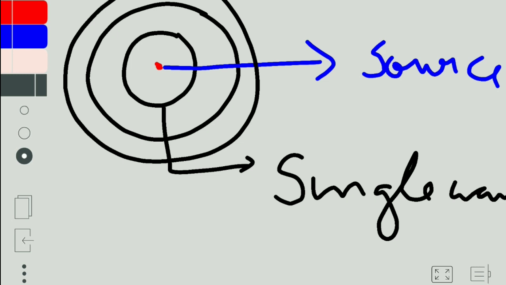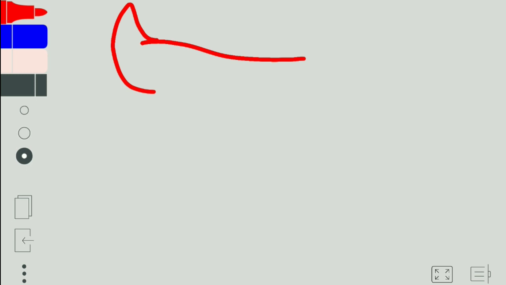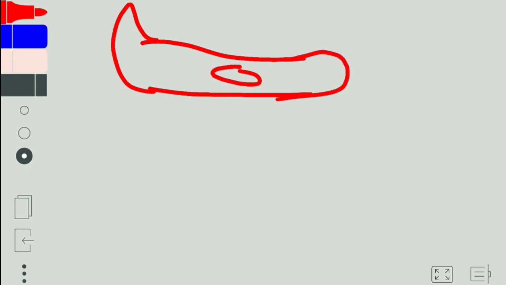Now let's take another example, the case of a plane. We have a plane which is moving in this direction, with thrust in the right direction.